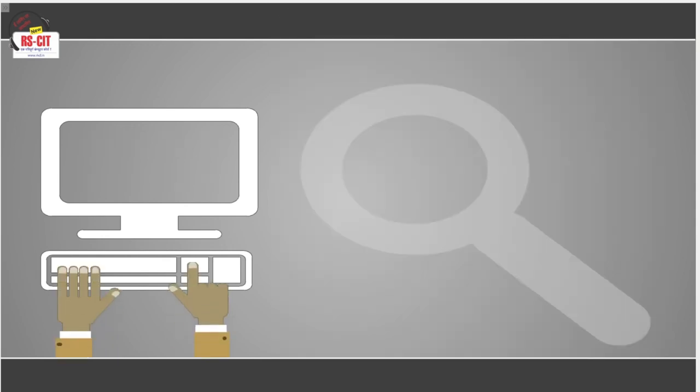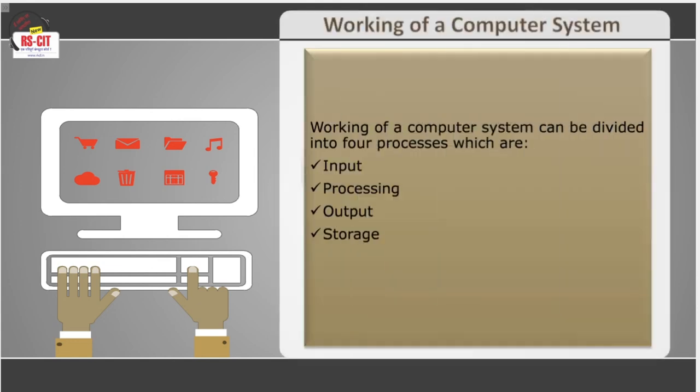Working of a computer system. The working of a computer system can be divided into four processes, which are input, processing, output, and storage.